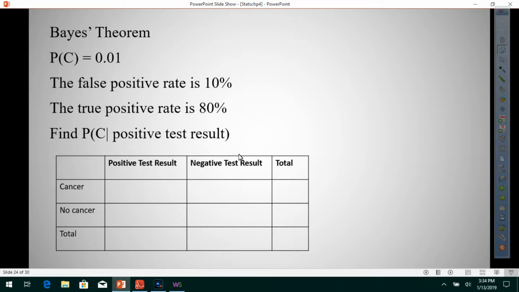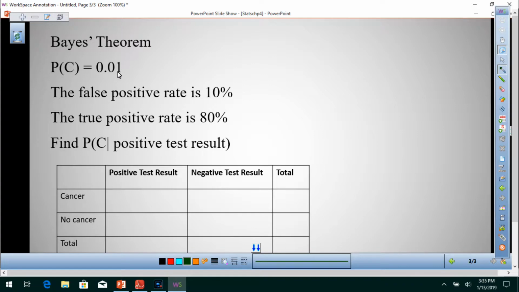Denoting the event of having cancer by C, the probability of cancer is 0.01 for a subject randomly selected from the population. This result is included with the following performance characteristics of the test for cancer, and this is based on probabilistic reasoning in clinical medicine.